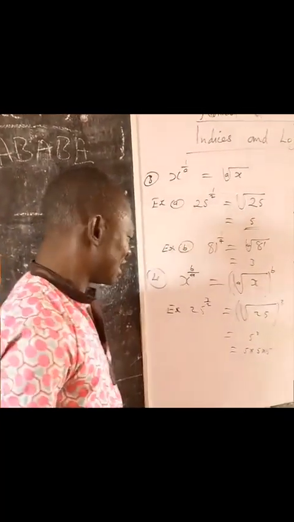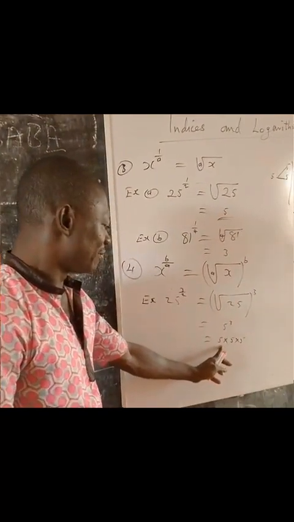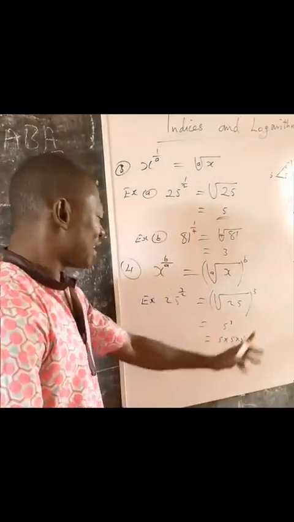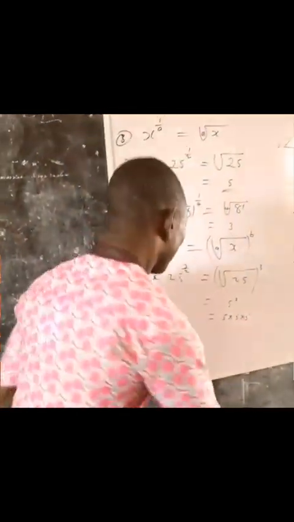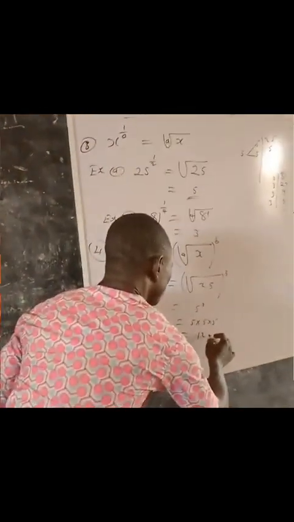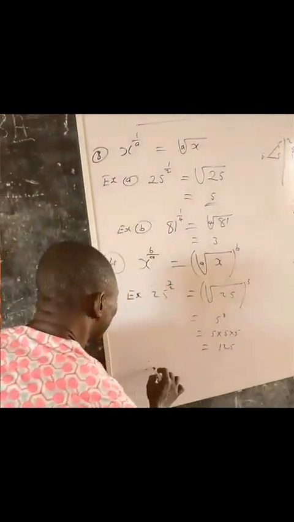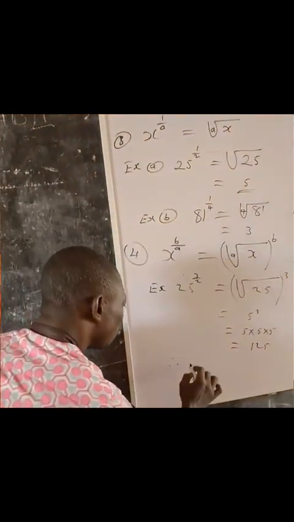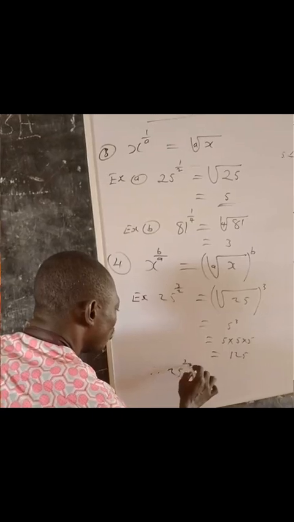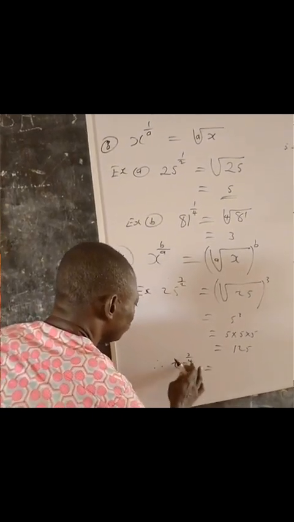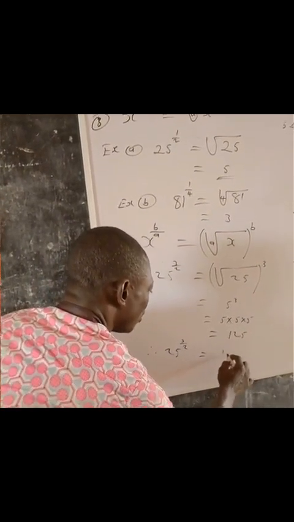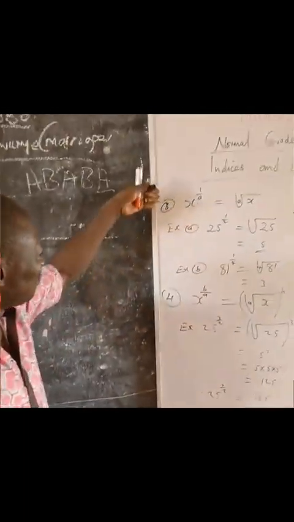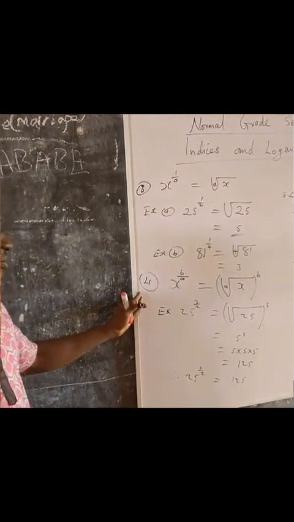That is what it is saying here. 3 places. 1, 2, 3. 5 times 5, 25. 25 times 5 will give us 125. We can say therefore that 25 raised to power 3 over 2 will give us 125. I hope you understand. This is the third and fourth law.